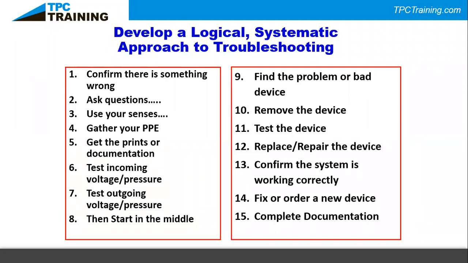So it's really important to have a short list of things that could be potentially wrong based on what you're seeing with your senses and the questions you asked before getting into these panels.